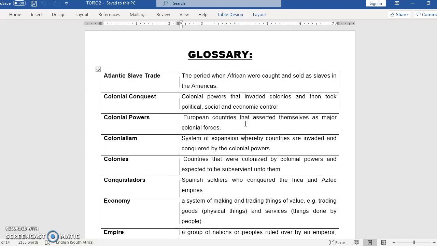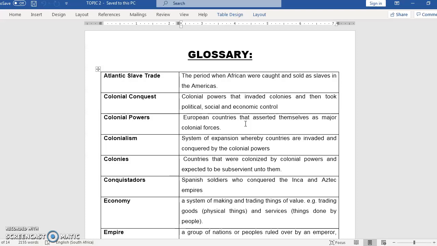Colonies: once a country has been taken over, it becomes known as a colony. So colonies are countries that were colonized by the colonial powers and expected to be subservient to them. Now, subservient is a big word. You'll see there's kind of the word servant in there, right? Subservient sounds like servant.